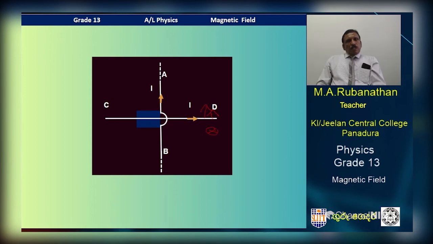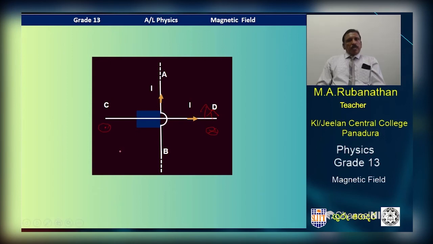Now consider the side C. Here also the magnetic field is acting due to wire AB, and here the magnetic field is coming out from this place.